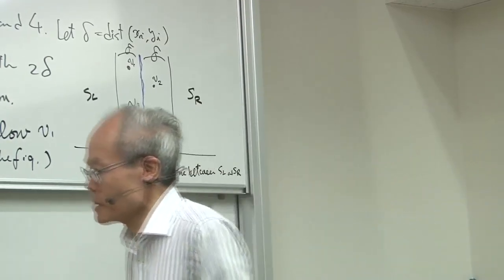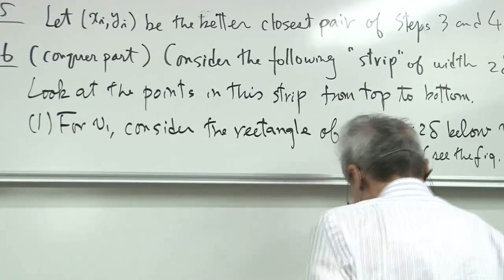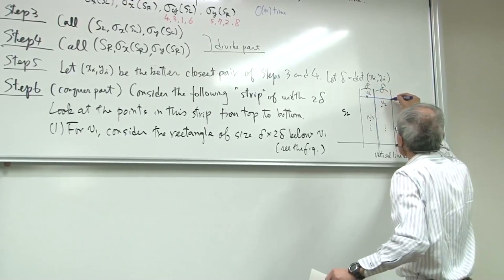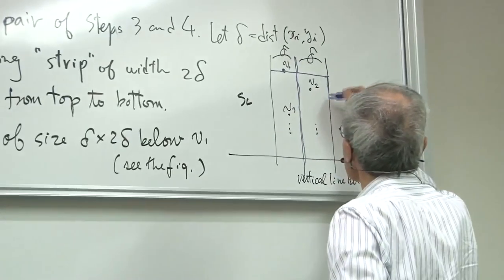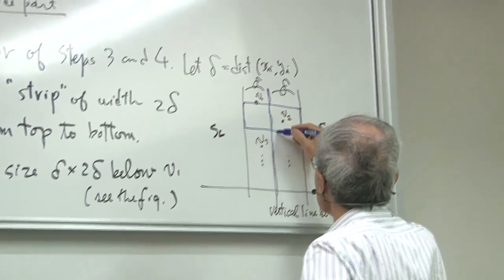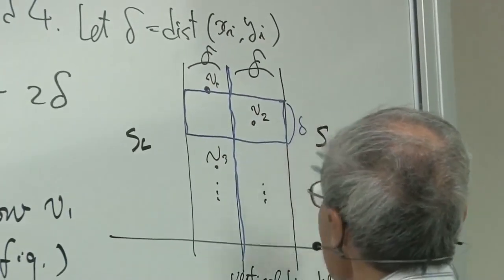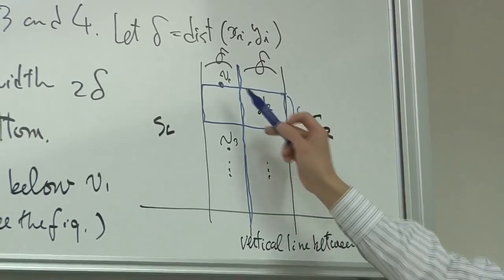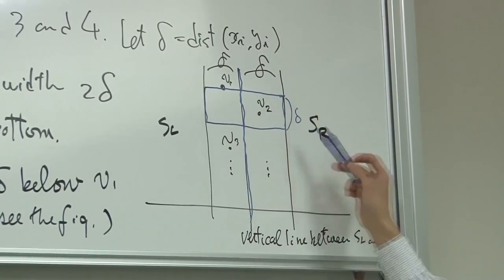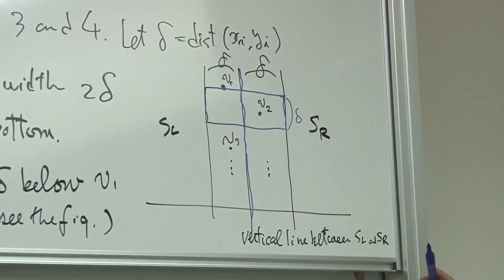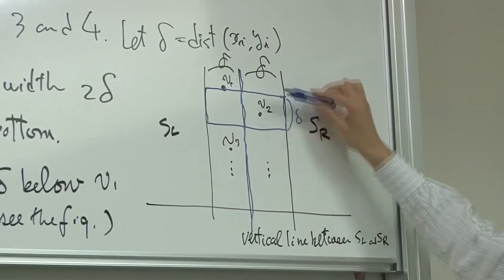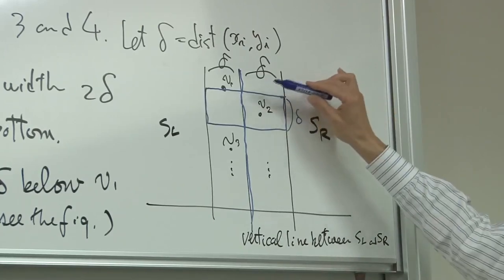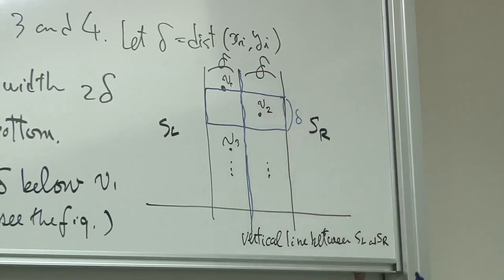Exactly this rectangle, meaning size 2 delta by delta. This rectangle is touching V1. So below V1, we consider this rectangle.